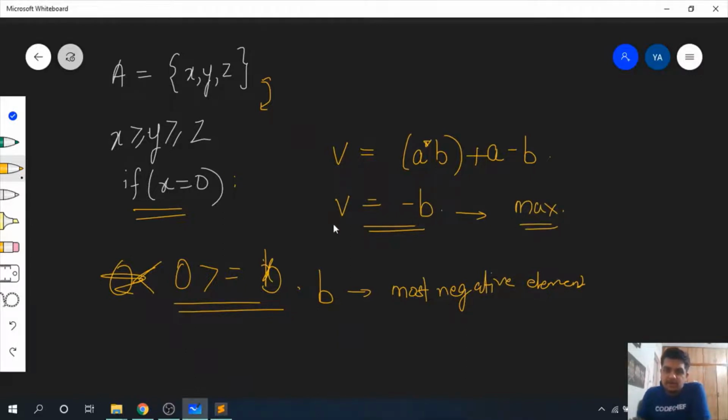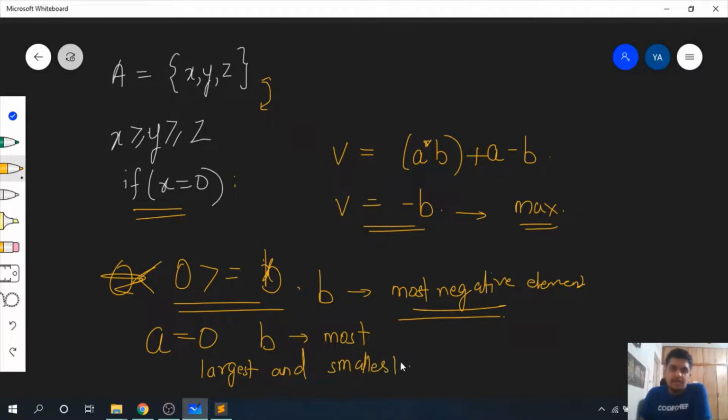So for B to have maximum value, B should be the most negative element. So for this case, we have to take A is equal to 0 and B is equal to most negative. That is, we have to take the largest and smallest.